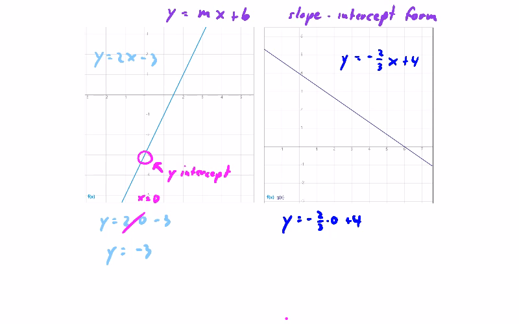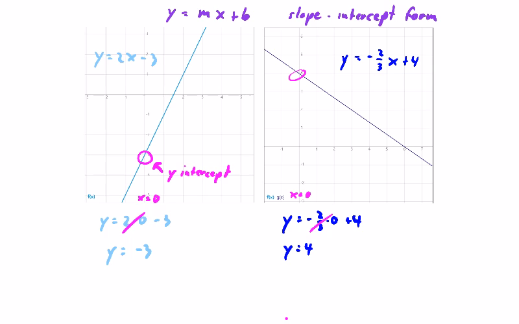So when x is 0, this term will go away, and we are left with y equals 4, which exactly corresponds to where this crossed the y-axis, the y-intercept. Once again, that's where x is 0, and so the y value is in fact 4.